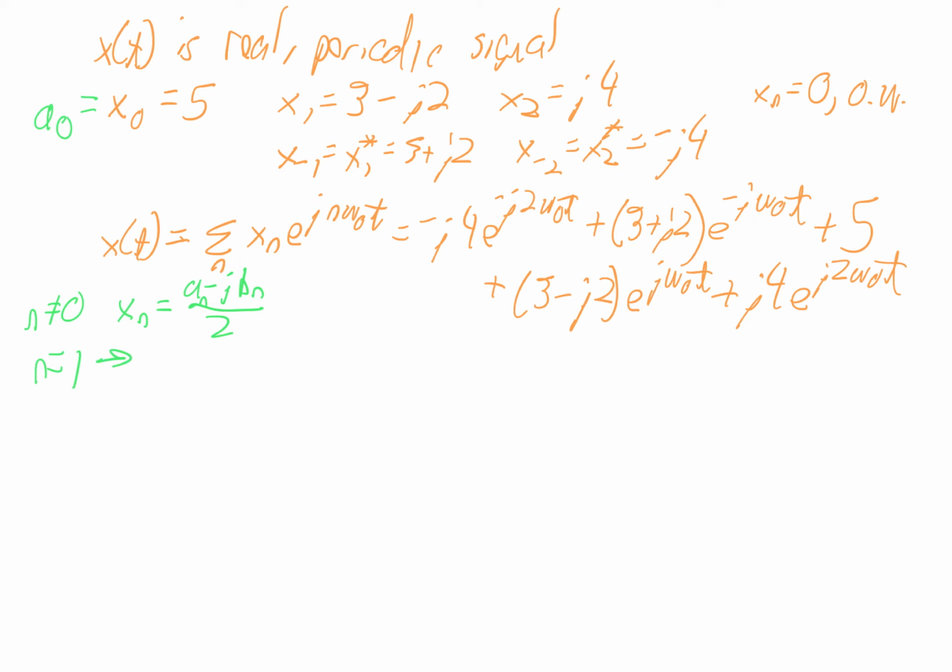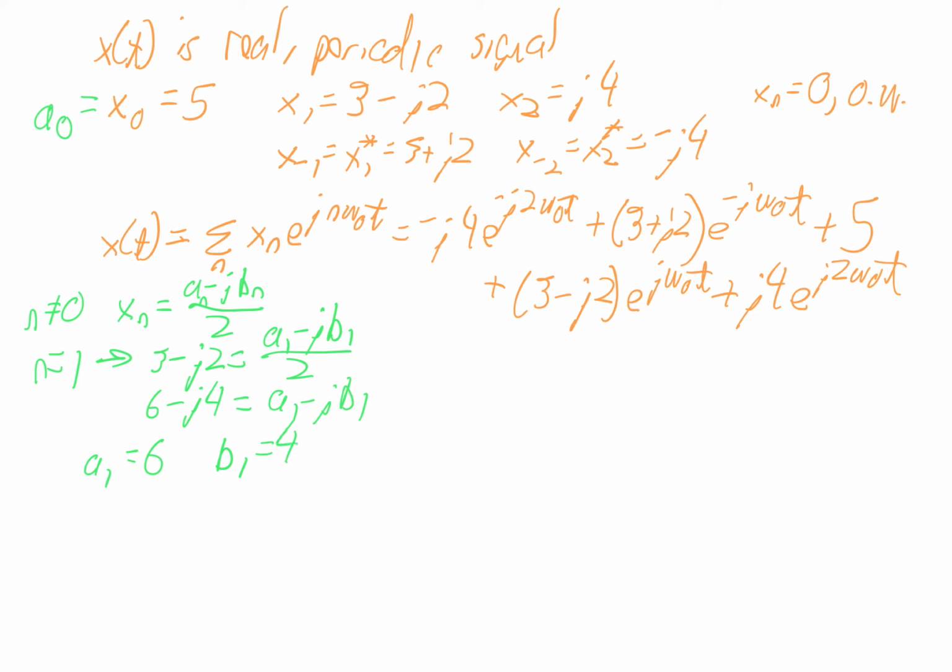So that tells us that we have 3 minus j2 equals a of 1 minus jb of 1 over 2. So multiplying that out, 6 minus j4 is a1 minus jb1, and as we said before, a is twice the real part, and b is negative twice the imaginary part. So b1 is 4 here.